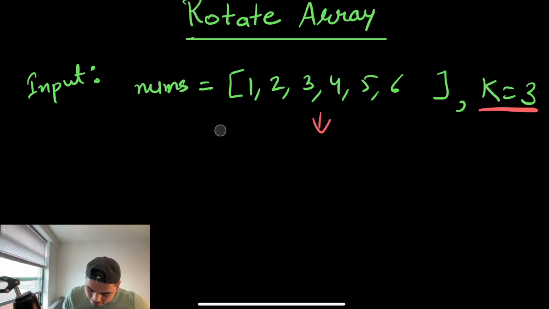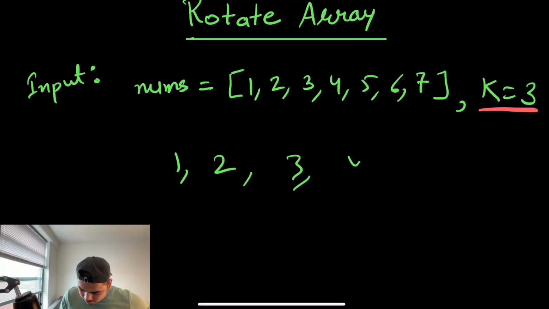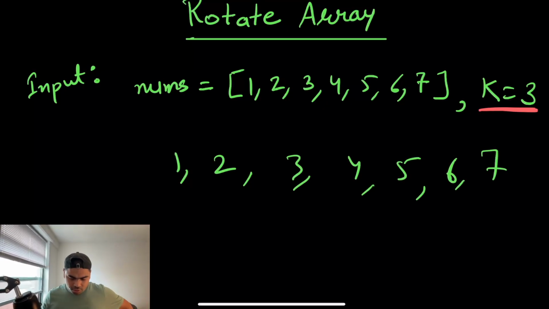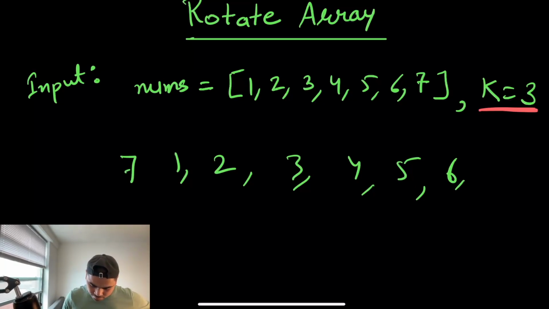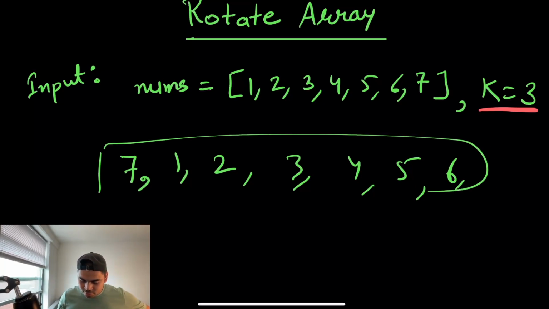Maybe it would be better if I had written it nicely outside. Okay, so 1, 2, 3, 4, 5, 6, and 7. In the first rotation, 7 comes over here. This is my first rotation.